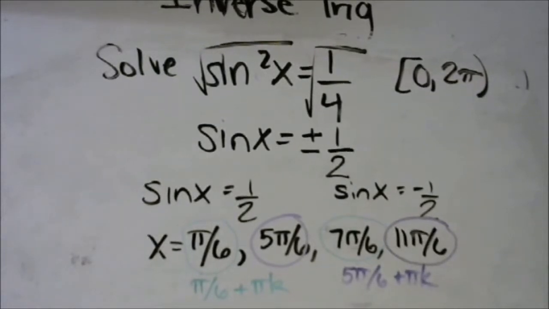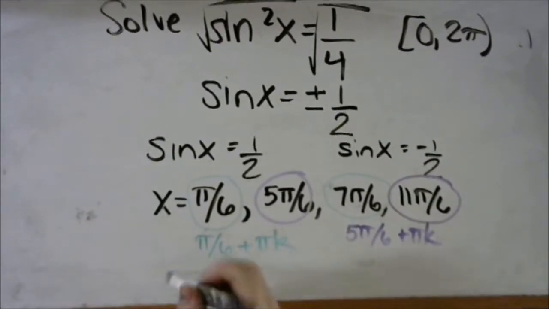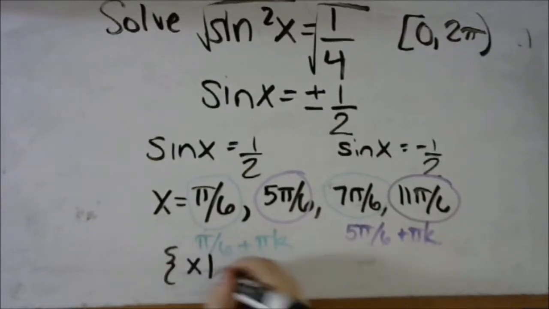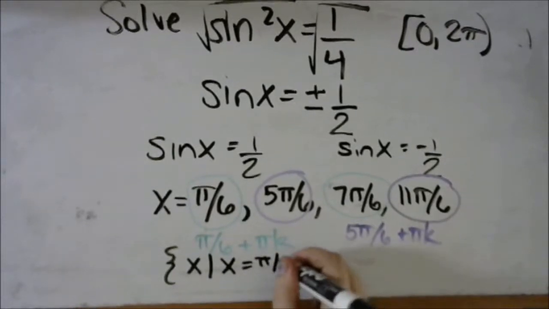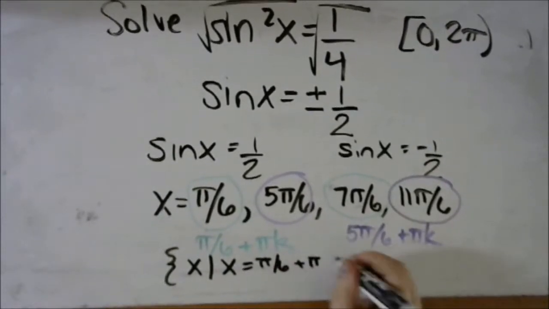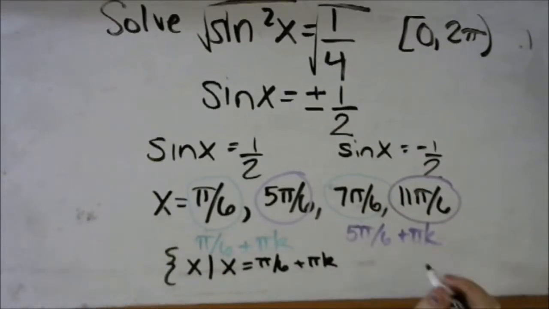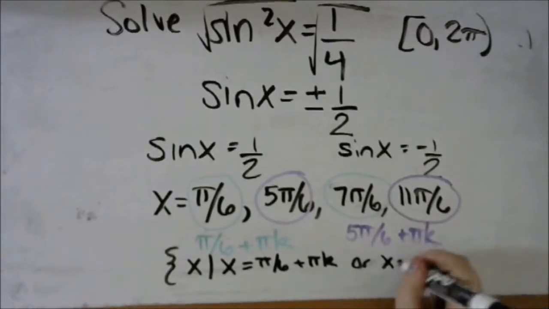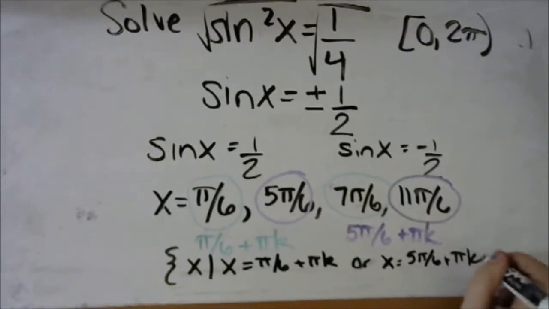So if instead of asking ourselves for the solution on the interval from 0 to 2 pi, we wanted the interval of all real numbers, we could write our answer as the set of all x's where x is equal to pi/6 plus pi k, or x is equal to 5pi/6 plus pi k.